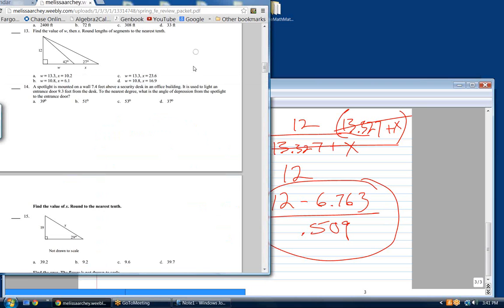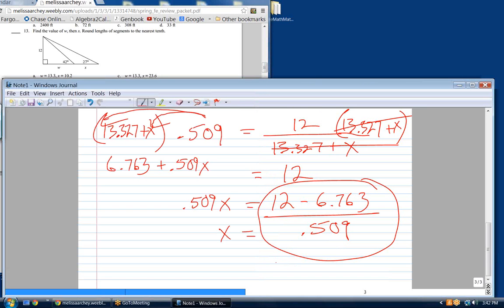Actually, I just remembered this is multiple choice. So let's see. W was 13.3. And X, if I do quick math here, I've got 5.237 divided by 0.509. The numerator is a little more than 10 times the denominator.